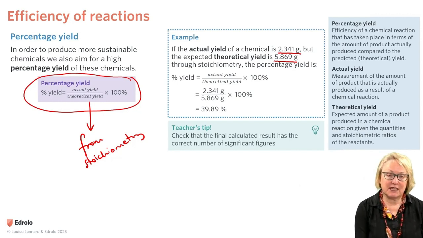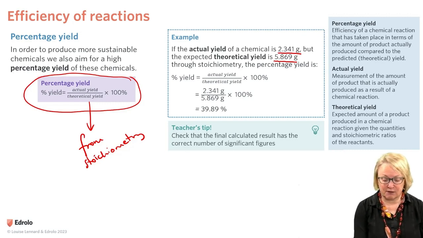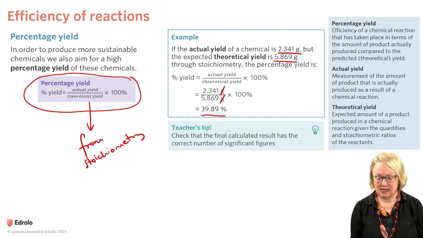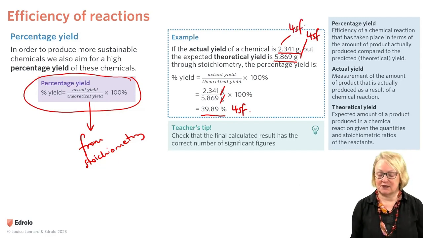So if we sub in those values, 2.341 grams divided by 5.869 grams, the units cancel out, and we're left with 39.89%. Now, this is to 4 significant figures because both of our input data points had 4 significant figures.